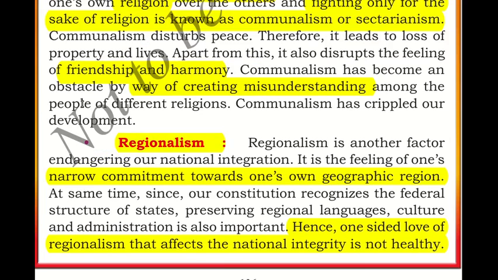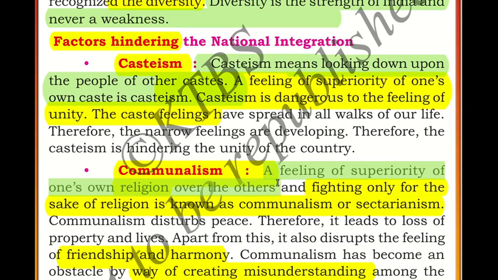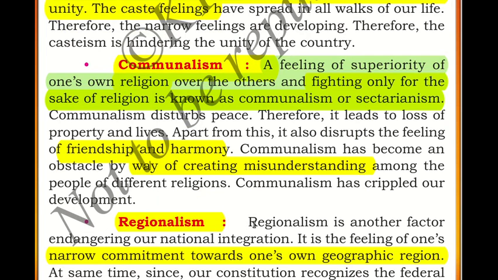So we just learned about the three evils, that is casteism, communalism and regionalism. You need to pick out the definitions. Usually the first line after the heading is the definition, and you need to highlight why they are not favorable for the progress of the country.